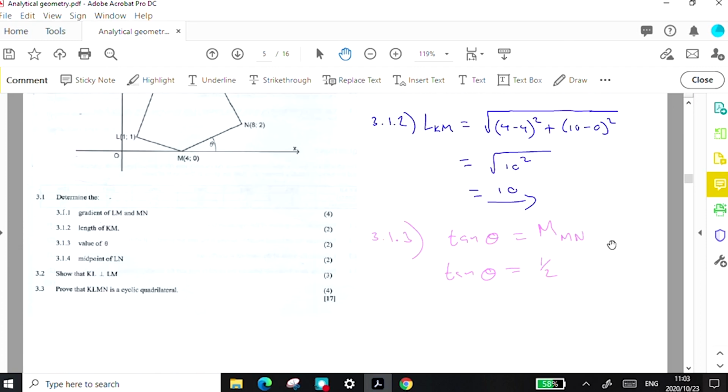And to find theta is just arctan of half.